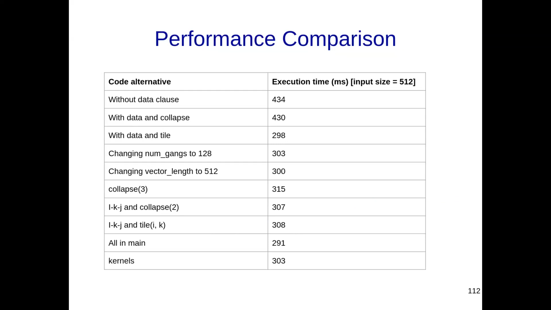I didn't do that as such. I kept these separately so that there is a fair comparison. And it turned out that there was some small improvement in the execution time compared to, let's say, around 300 or so which was the original. When I put everything in main, there was a small improvement in performance with respect to that.